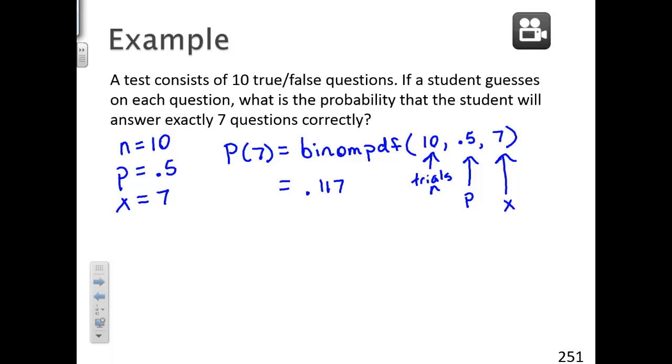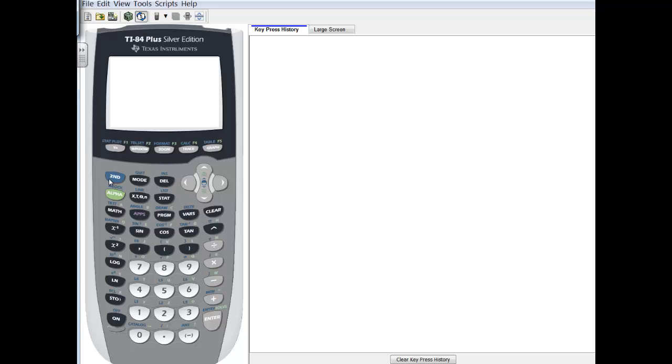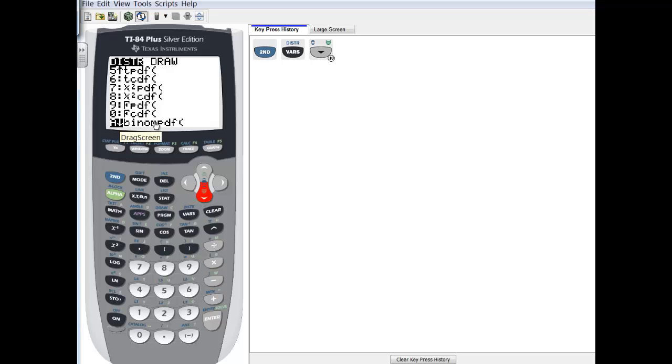Let's go to the calculator, and we're going to press second and then the vars, or variables function. Now you're going to have to page down to get to the binom PDF. On my calculator, I think it's A. So once I know it's listed as A, I can page down to it and then hit enter to select it, or let's go in there again.